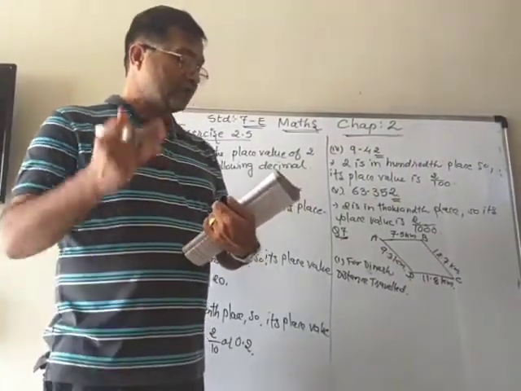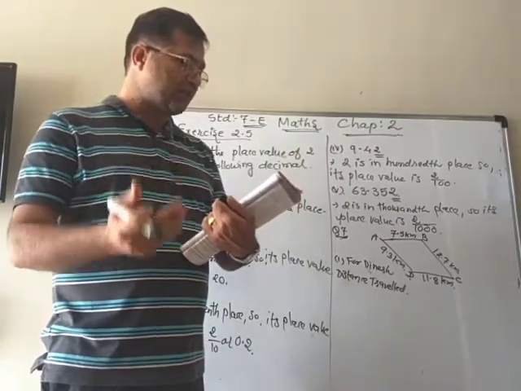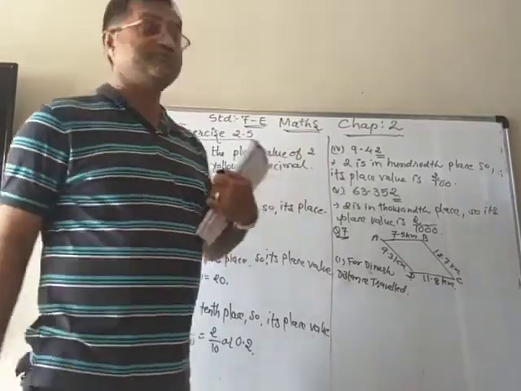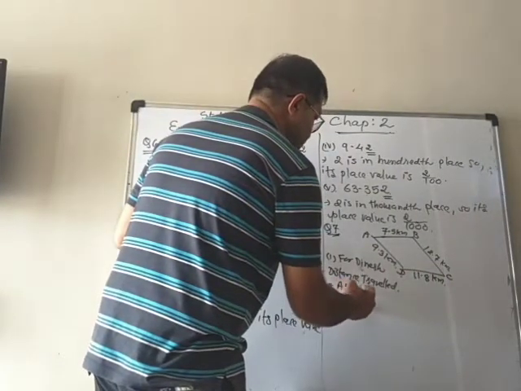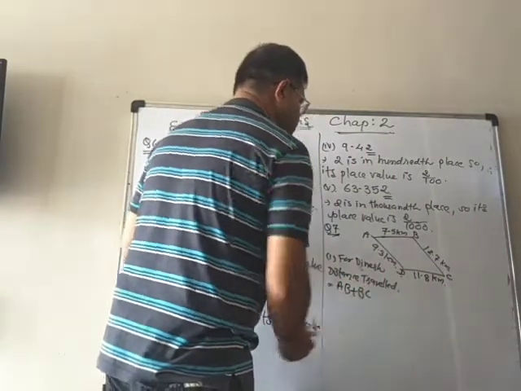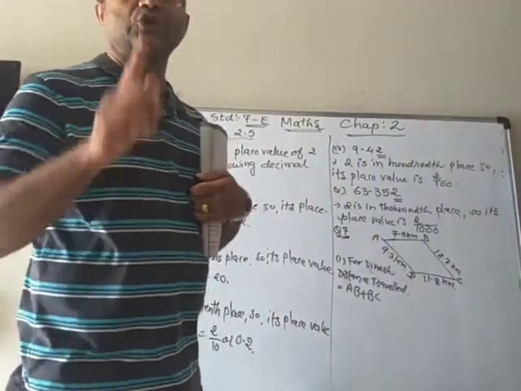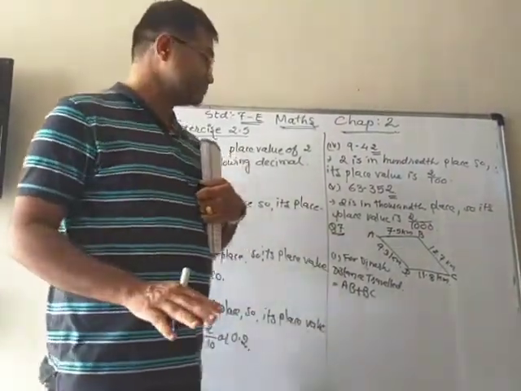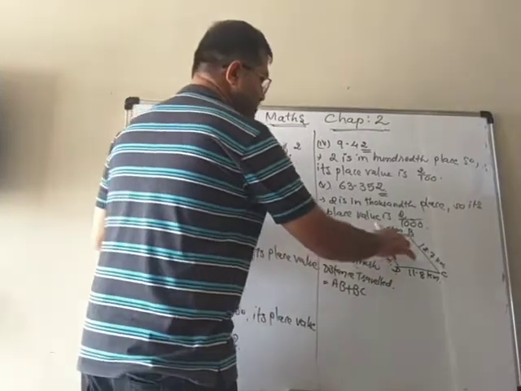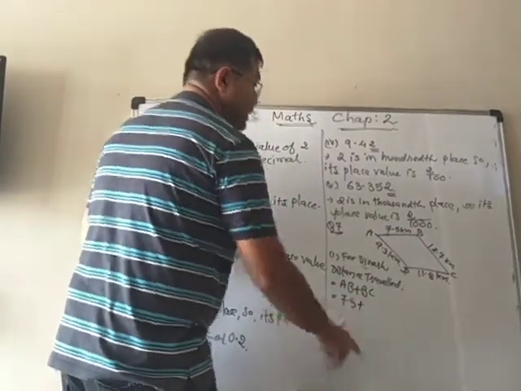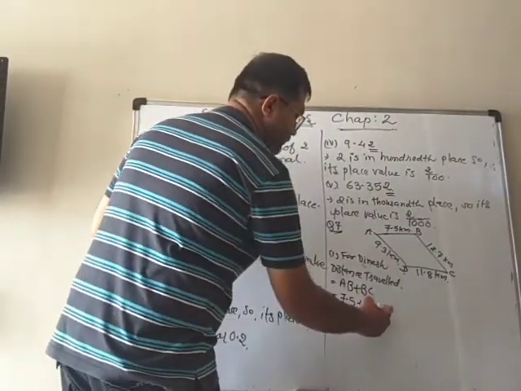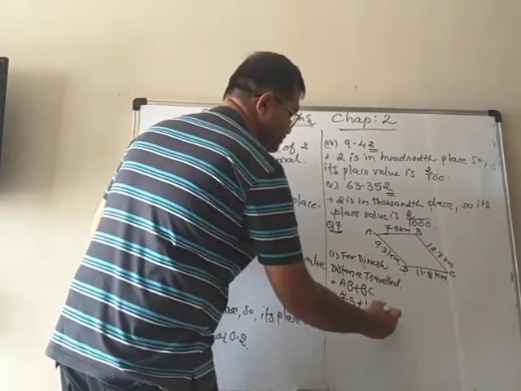Dinesh went from place A to B and from B to C. Distance traveled is equal to AB plus BC. AB here is 7.5 kilometers, so 7.5 plus 12.7 kilometers.